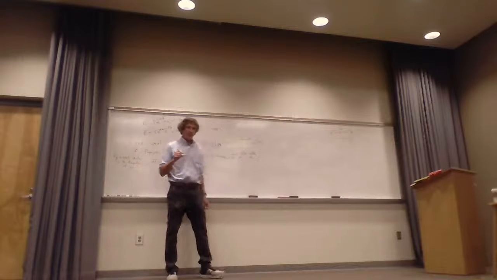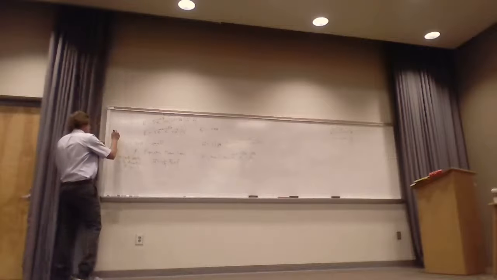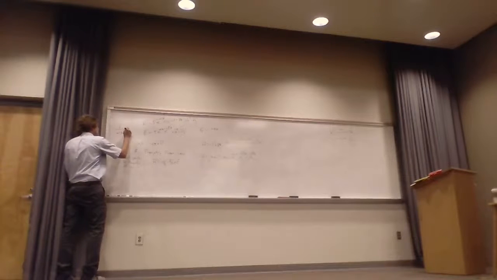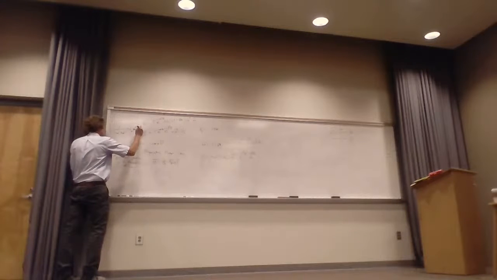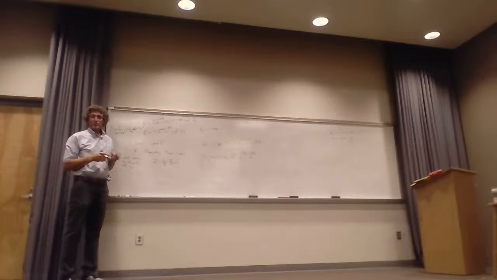Are you with me? If you have 1 over 10 at an angle of 30 degrees, this is the same as 1 over 10 at an angle of minus 30 degrees, right? Whenever you go from denominator to numerator, the sign changes. That's the only thing I've shown you. Everybody okay with that? So that's the H field.